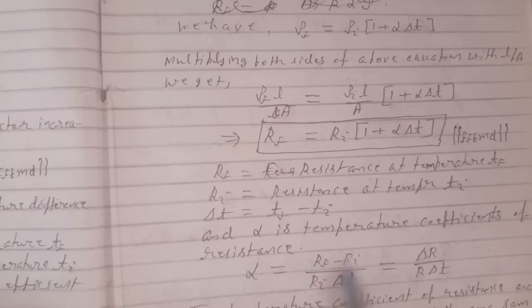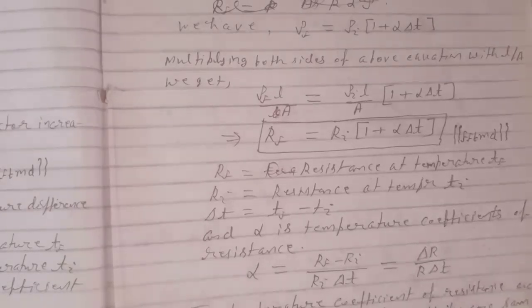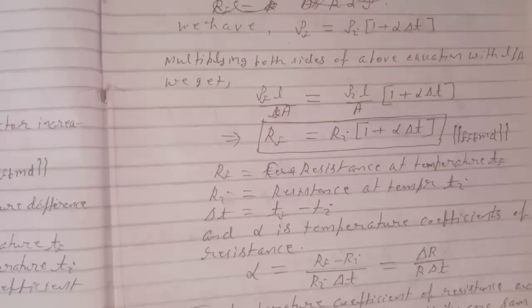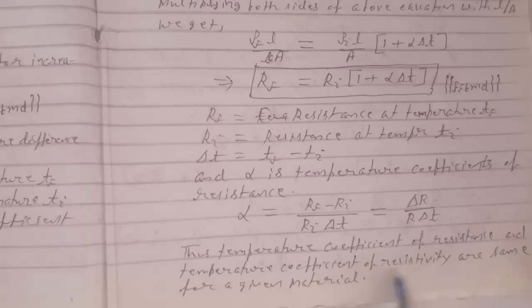Hence alpha equal to Rf minus Ri by Ri into delta T, equal to delta R by R into delta T. Thus the temperature coefficient of resistance and temperature coefficient of resistivity are the same for a given material.